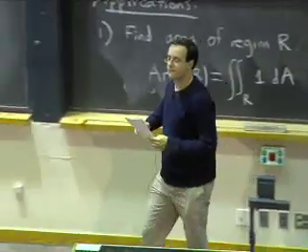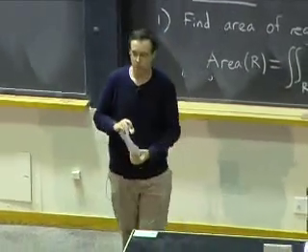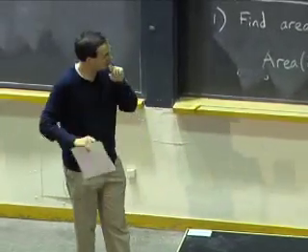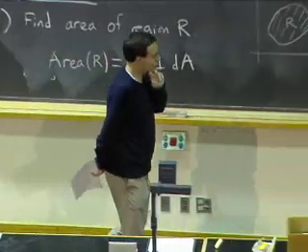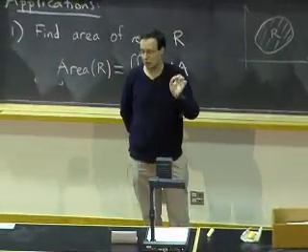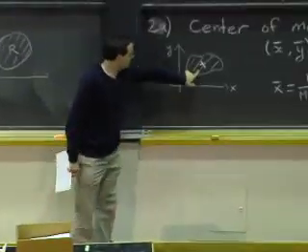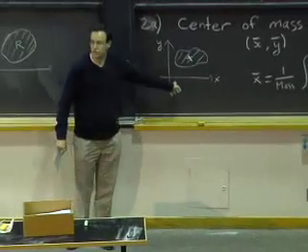Yes? So you have written in general the center of mass using x and y coordinates. If we wanted to use polar coordinates, would we just substitute our data for x and y? That's a good question. No, I don't think we could actually find the center of mass in polar coordinates by finding the average of r or the average of theta. See, for example, take a disk centered at the origin. Well, you know that the center of mass should be at the origin, right?